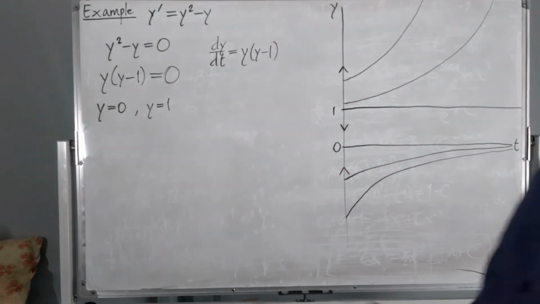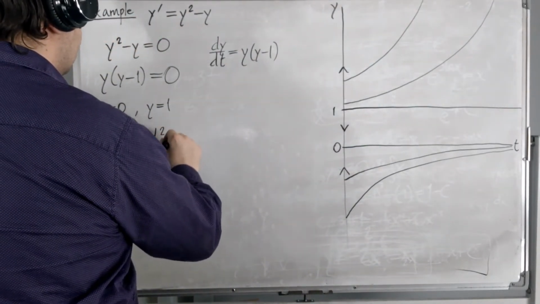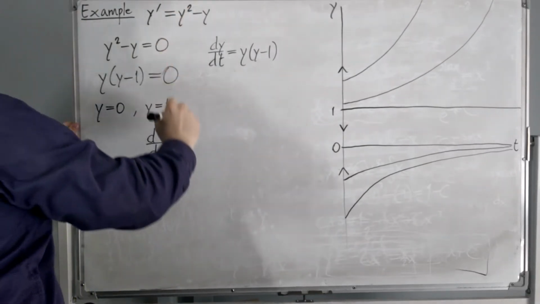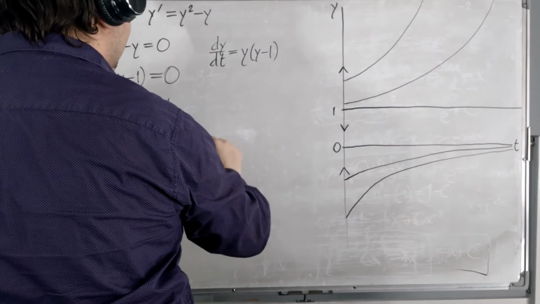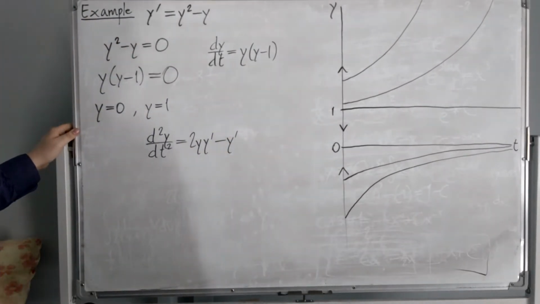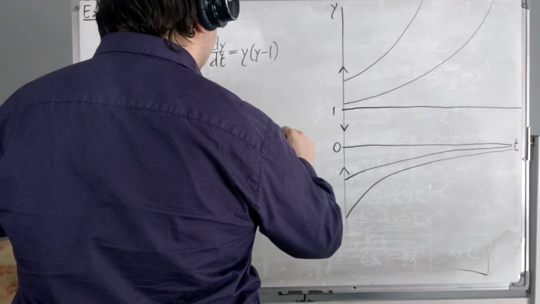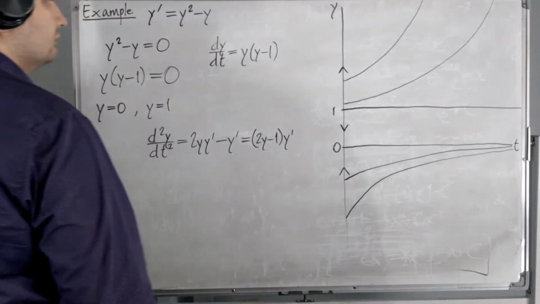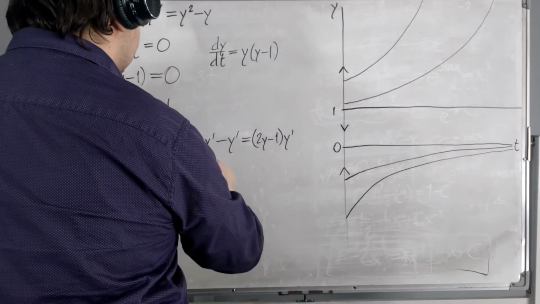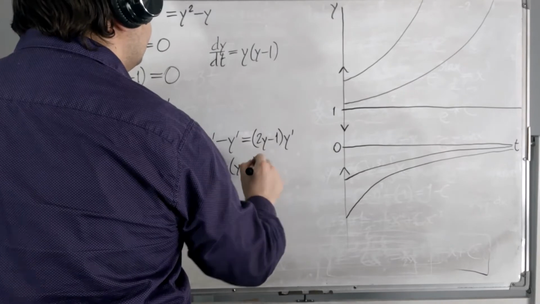So again, we take the second derivative. Well, let's see, that's going to be 2y y prime minus y prime. This is 2y minus 1 times y prime. Y prime we already know is y times y minus 1, so this is 2y minus 1 times y times y minus 1.